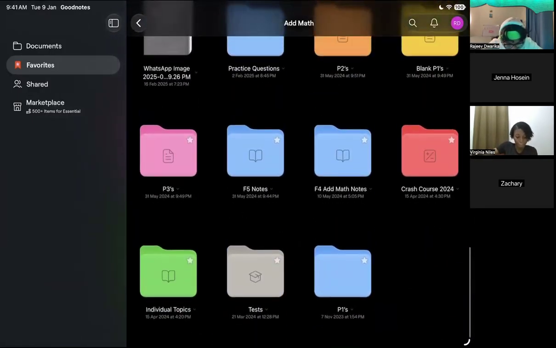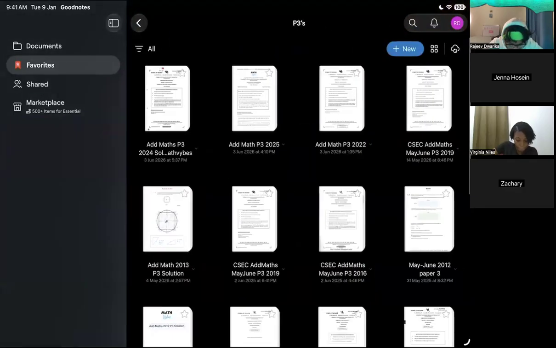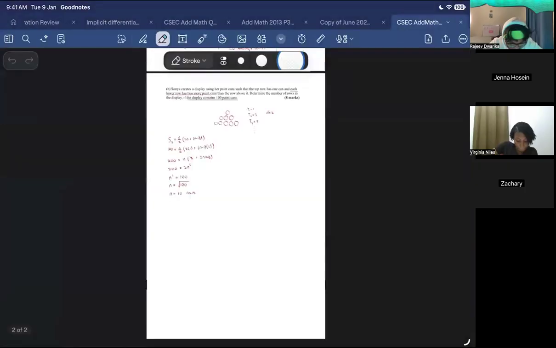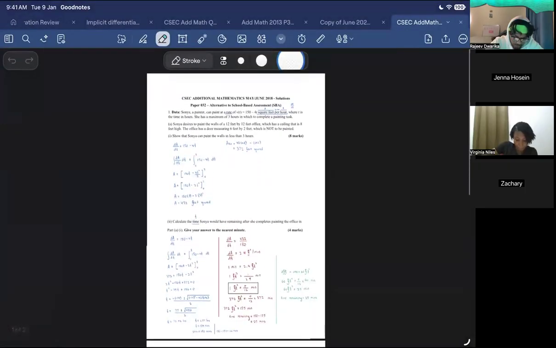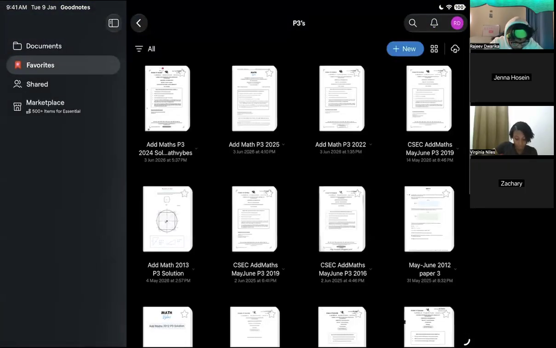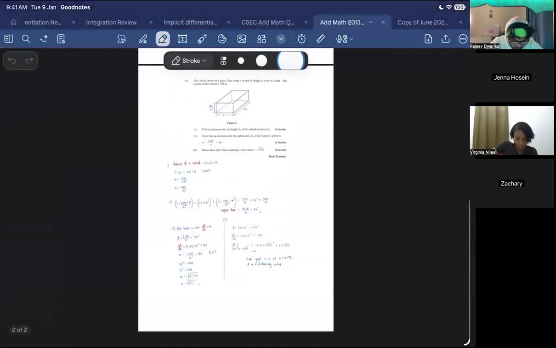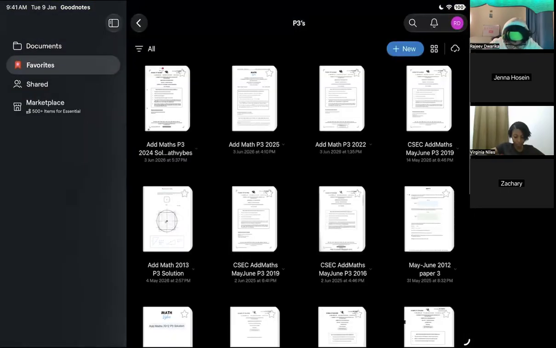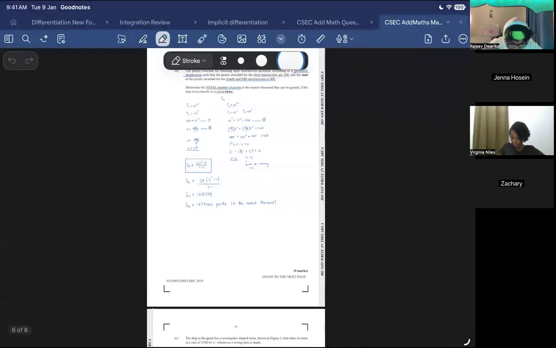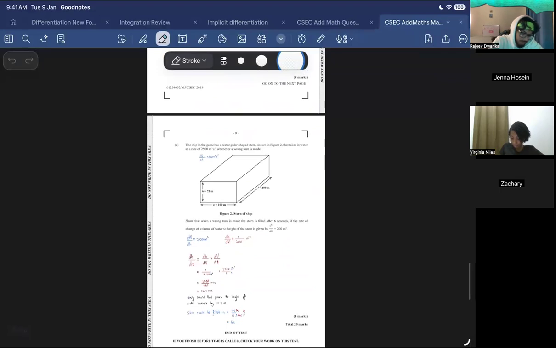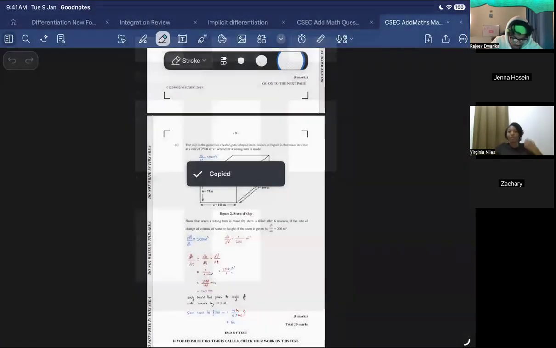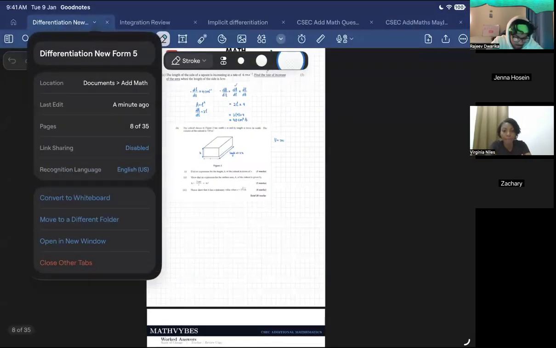Where do I have that? Oh, here it is. It's really similar, like the diagram at least.